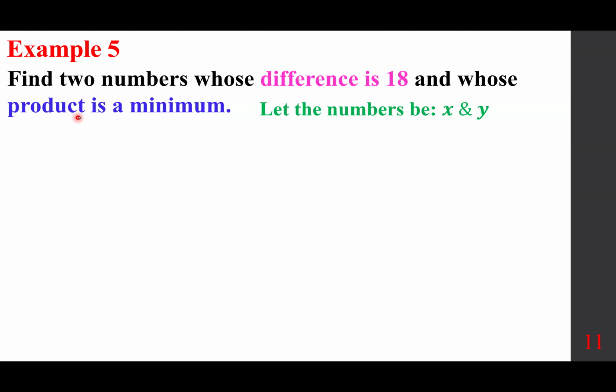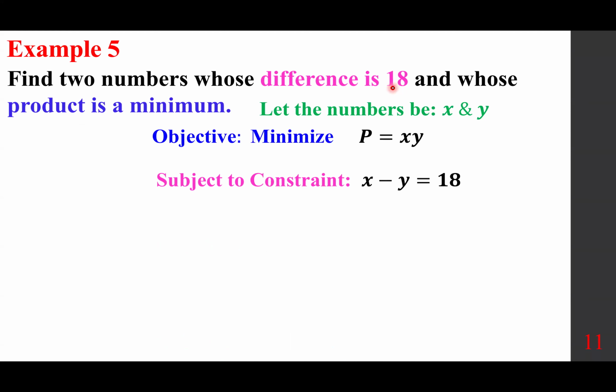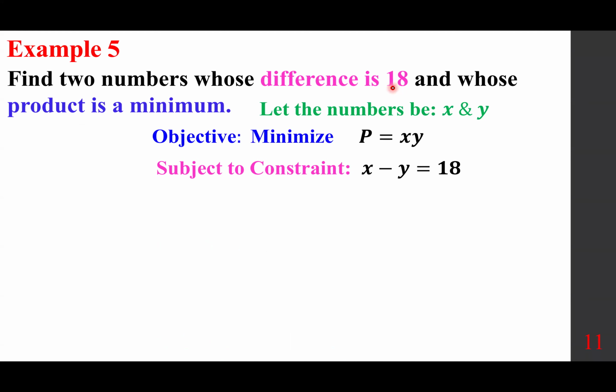The objective is to have a minimum product of x times y. And the constraint is the difference is 18, x minus y is 18. And by the way, you may write x minus y or y minus x. The difference will be just the order, okay? You're ultimately looking for two numbers. And you will get that.